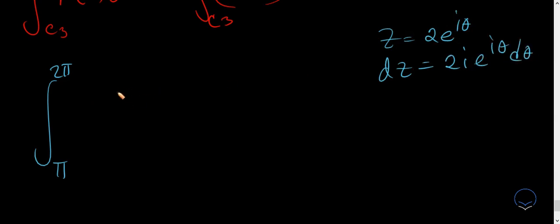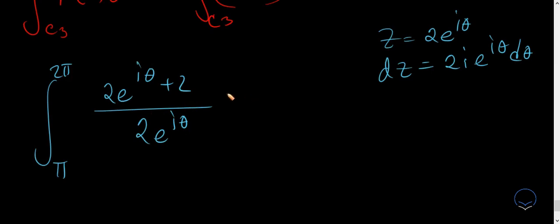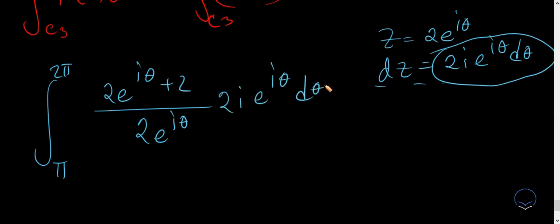Okay, so let's write this instead of z plus 2 divided by z. You will have 2 e to the power i theta plus 2 divided by 2 e to the power i theta, and then instead of dz you need to write this part, that is 2i e to the power i theta d theta.